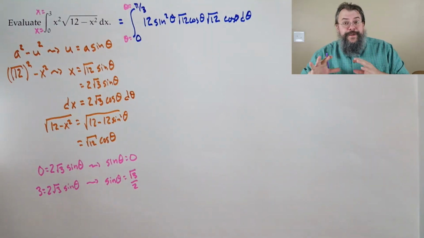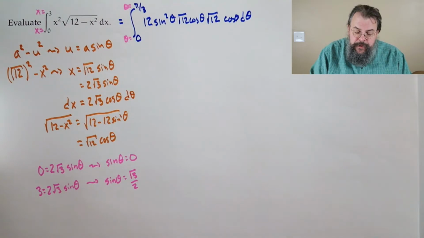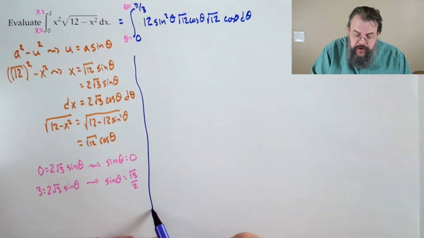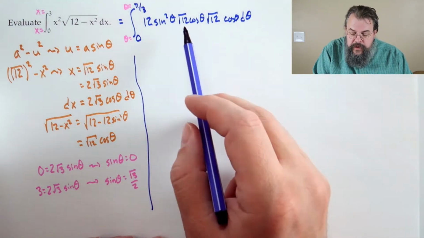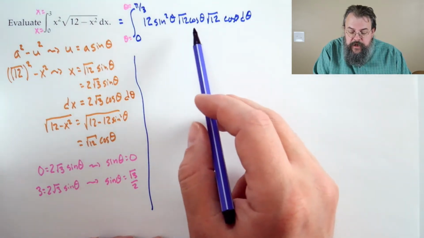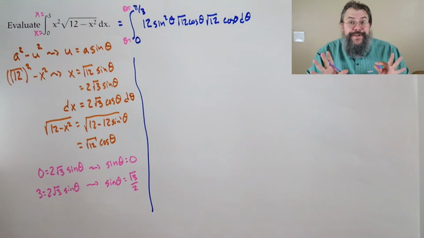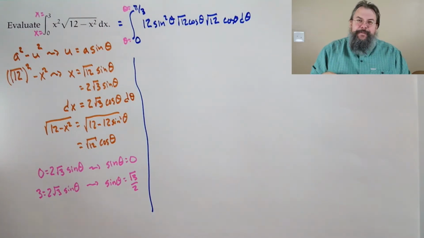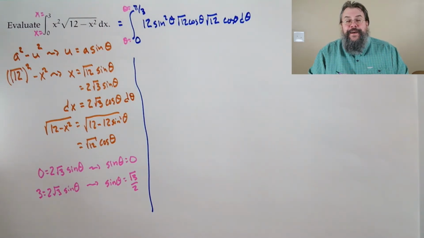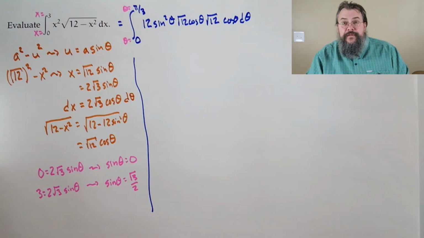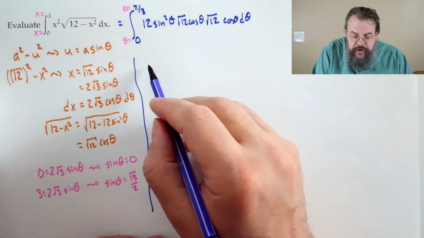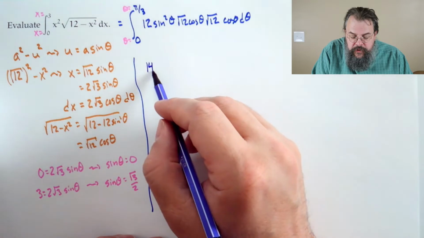Now, let's continue forward. So, what do we have? Well, we have a 12, and a square root of 12 and square root of 12, which is another 12. And 12 times 12, it's a little bit gross. Ha ha ha. Silly math humor. No, it's 144, right? A dozen is known, there's a word for it. It's called a gross. So, okay, 144, that's the constant.